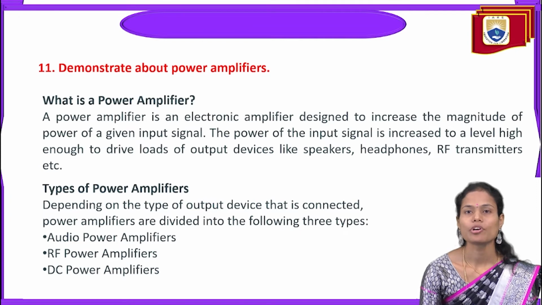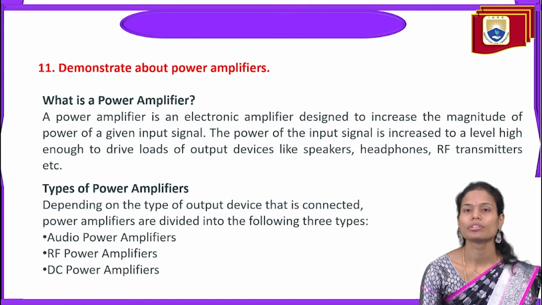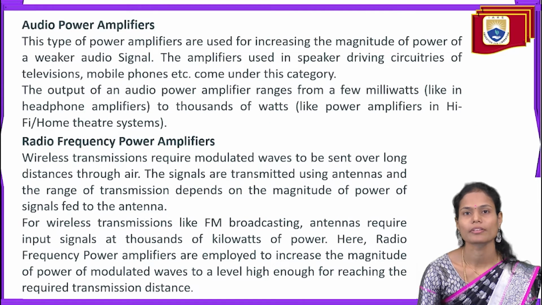Next, demonstrate about power amplifiers. So here in this particular question, we need to explain what is a power amplifier and why we are moving for these power amplifiers, and we have to give the different types of power amplifiers available. As it is a short answer, just give the definition and types of the power amplifiers.